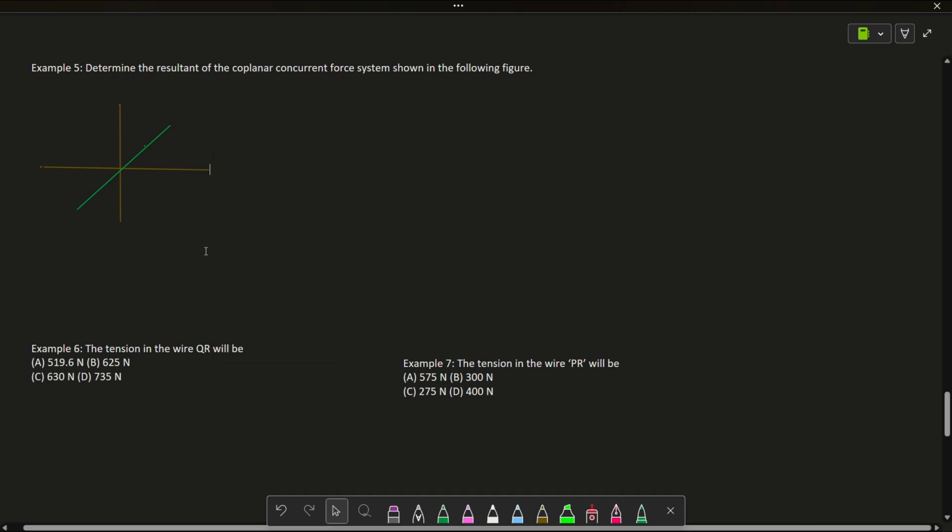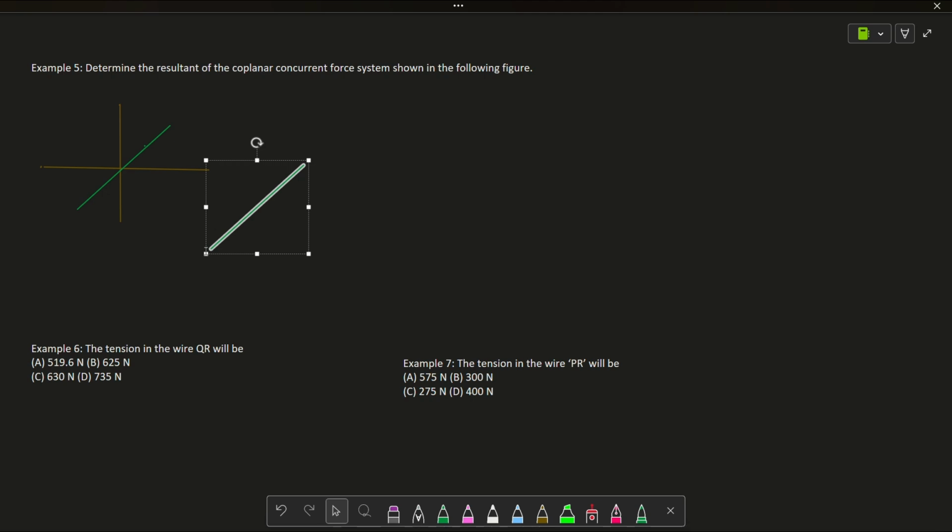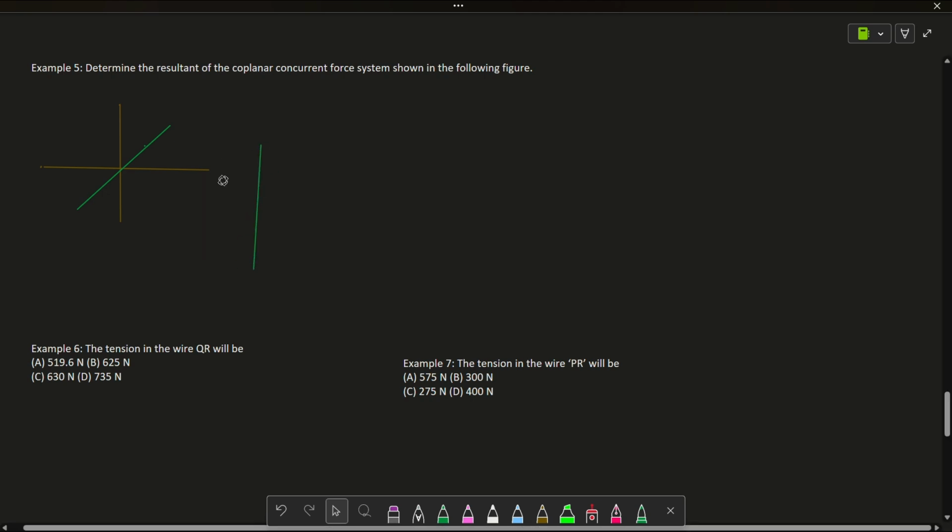Am I not able to paste it? Okay, and I will rotate it like this and place it here.